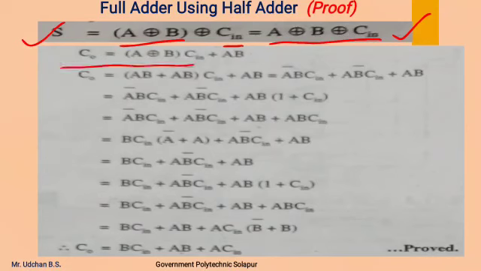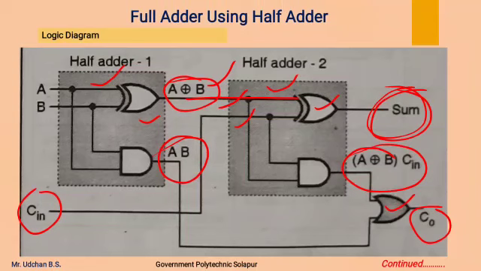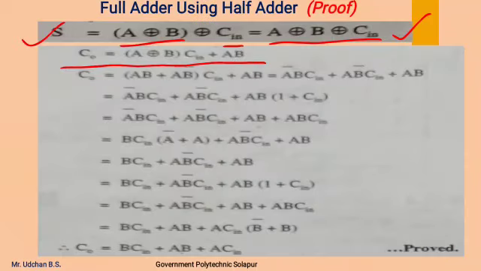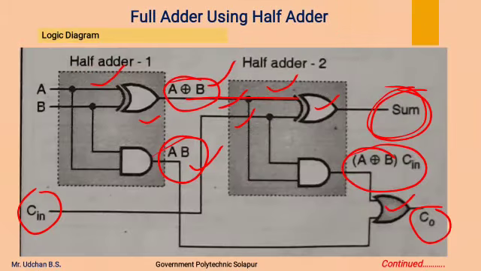Now for carry, we can observe here the carry output of this first half adder is AB, which is written over here, and the carry output of this second half adder is (A XOR B) C in. This is one input, that is A XOR B, and this is the other input, that is C in.